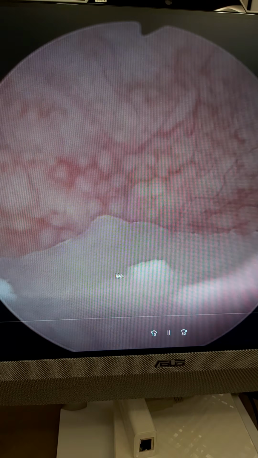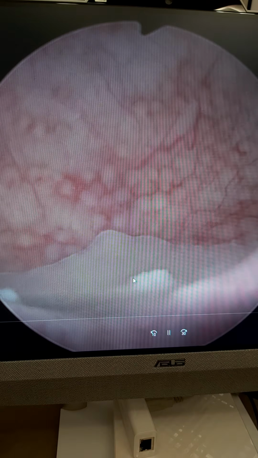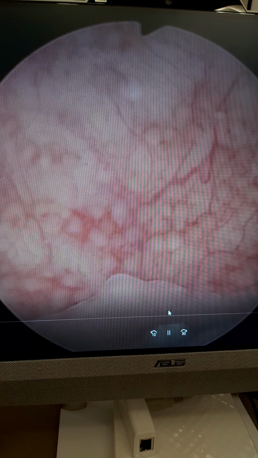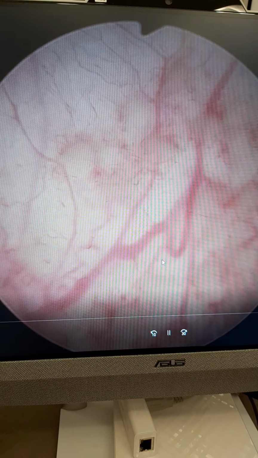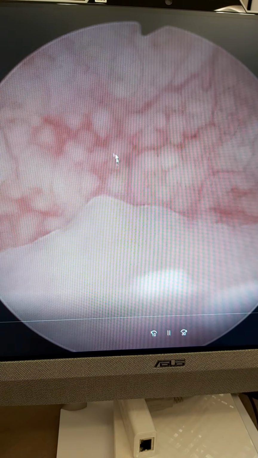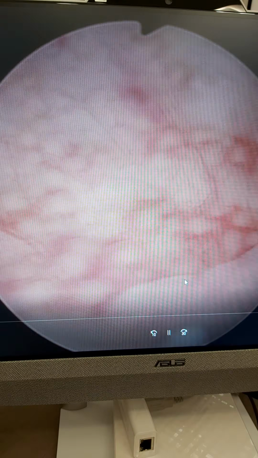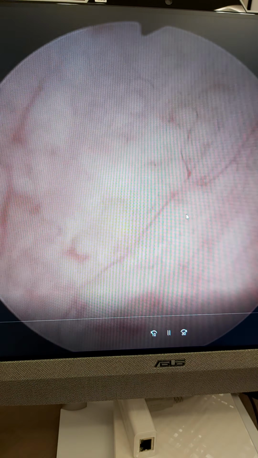When we look inside, this is a very thick membrane-like tissue. In the long run, leukoplakia becomes this way. It changes into a membrane-like tissue. And when we look at the bladder wall, there are little granular tissues, little cysts in the bladder, which are formed after a long period of infection.